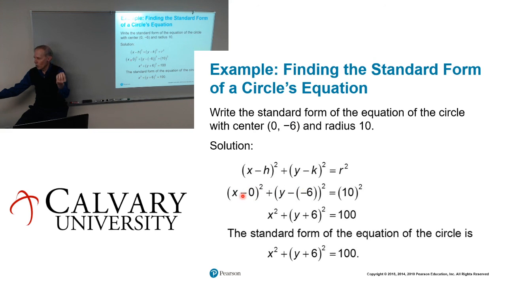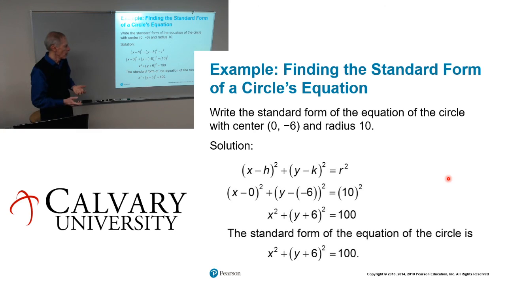So you'd have x minus 0 quantity squared, and you'd have y minus -6 quantity squared, which becomes y plus 6, and then of course 10 squared is 100. So looking at this equation right here, you immediately know that it's going to be a circle.